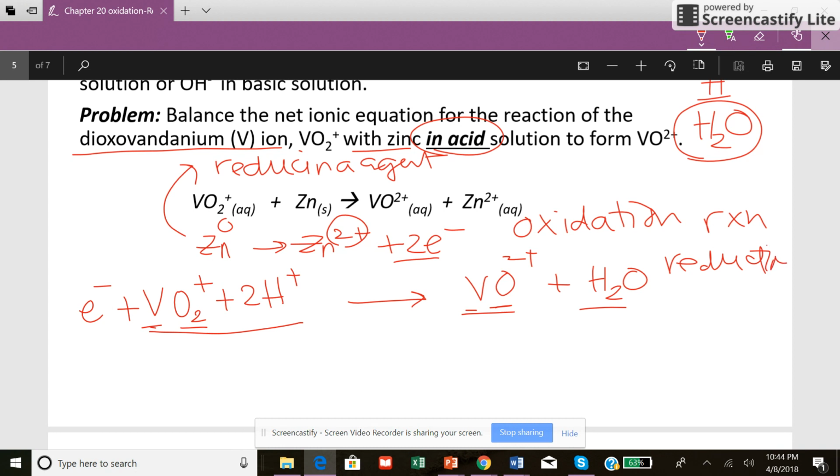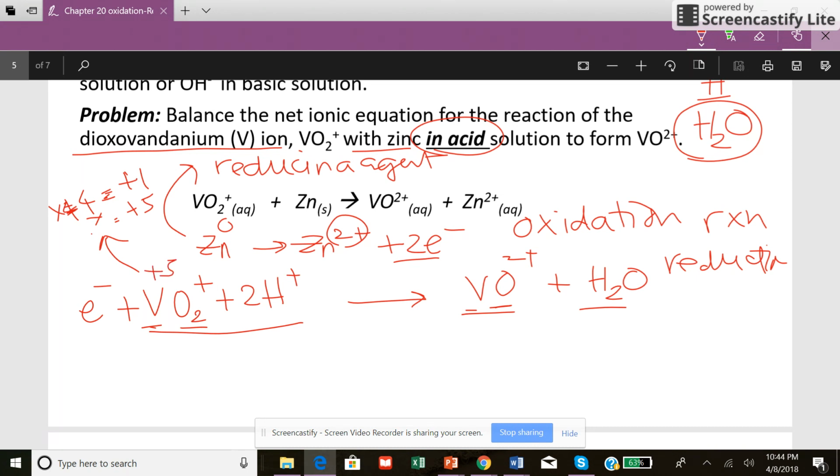Okay, reaction. And vanadium, if you look at it closely, you can see its oxidation number. In total, vanadium is x, oxygen is 4, a negative 4. So vanadium is positive 5. So positive 5 over here.